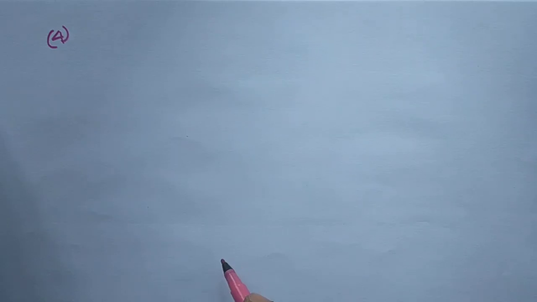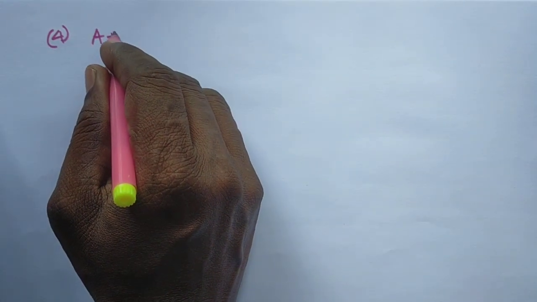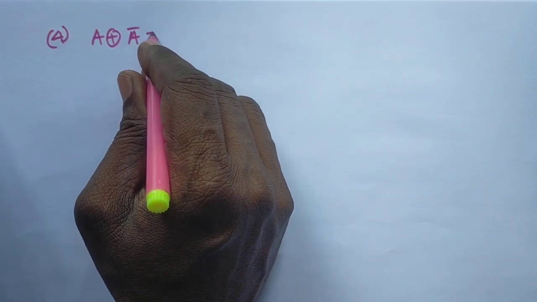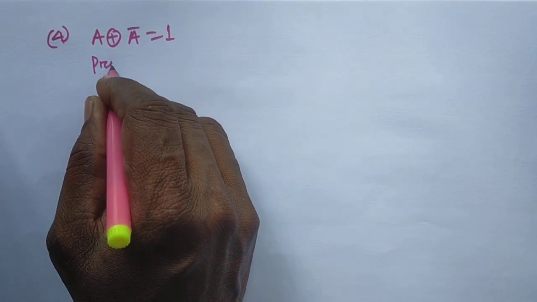Next, a XOR with a complement, it will be 1. Okay, a XOR with a complement is 1. Similarly, we prove it.